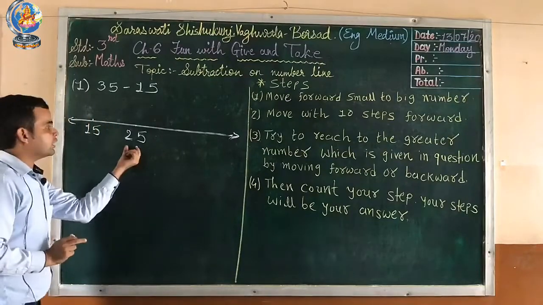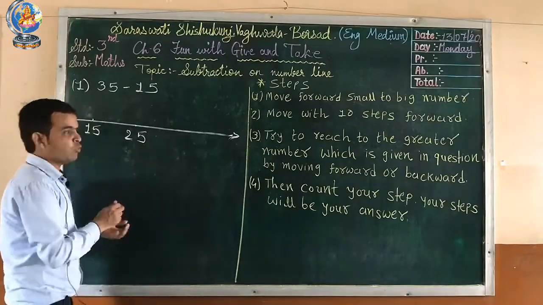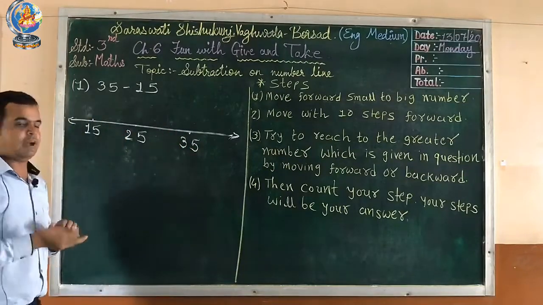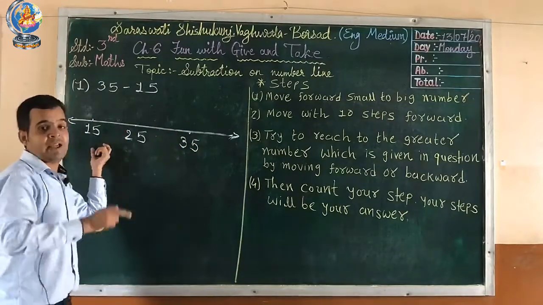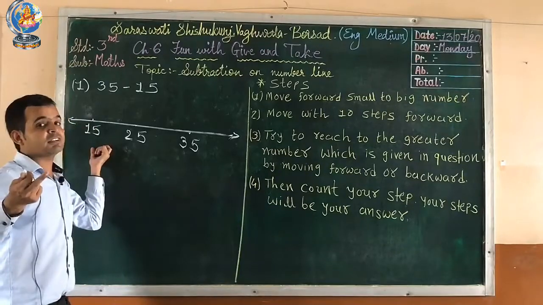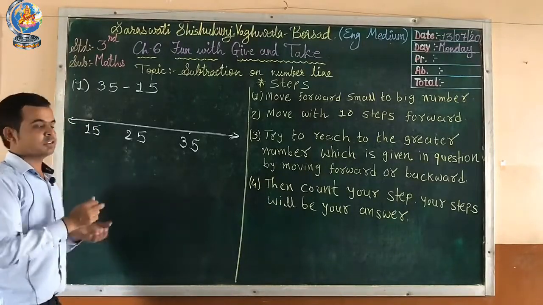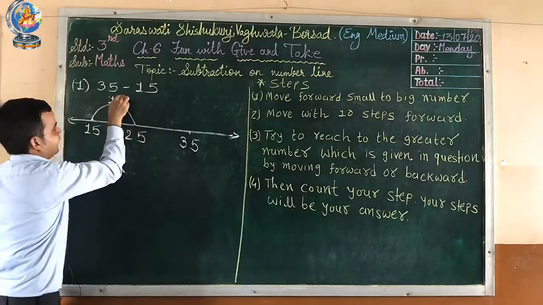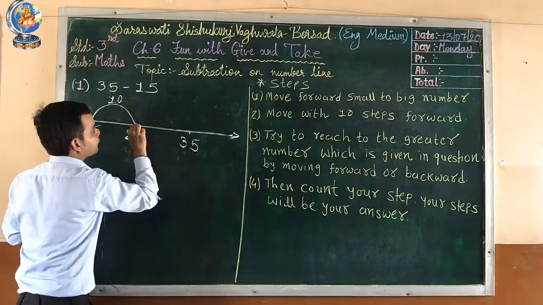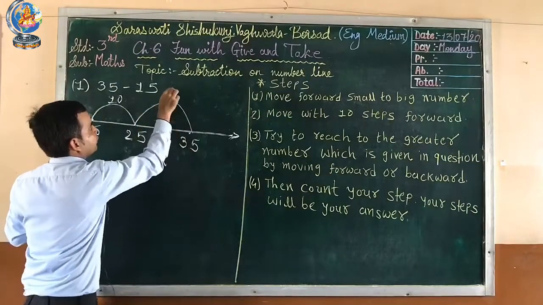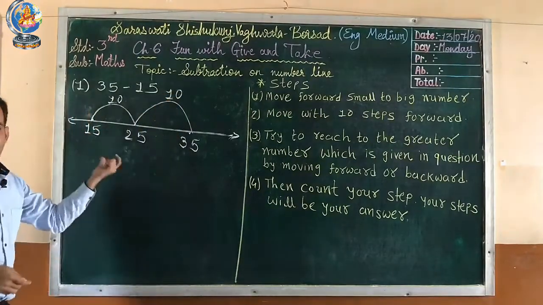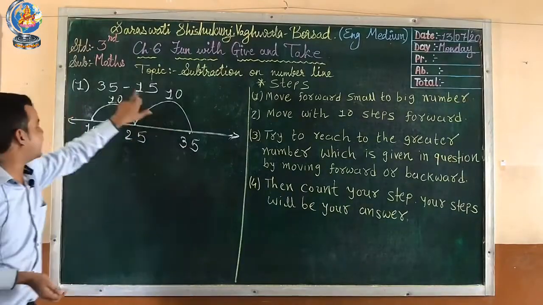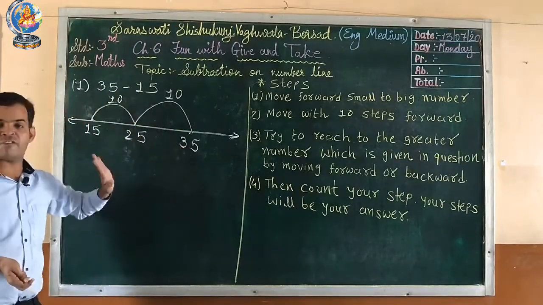Now 25, if we again add 10, what number do we get? 35, which is the number given. Every step we move is 10, so we write jump of 10. Then again we jump 10 steps. Now 15 to 25 and 25 to 35, we reached 35.